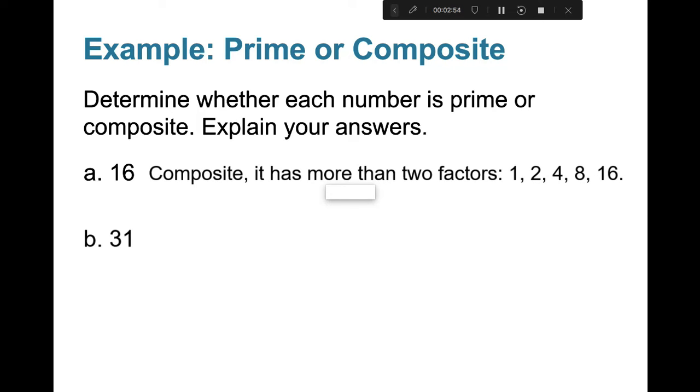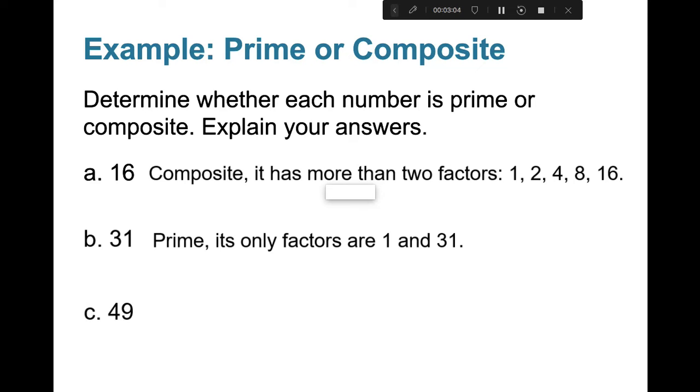What about 31? It is prime. Nothing else multiplies up to 31. What about 49? It is composite. What are the other factors of 49 besides 1 and 49? 7 times 7.